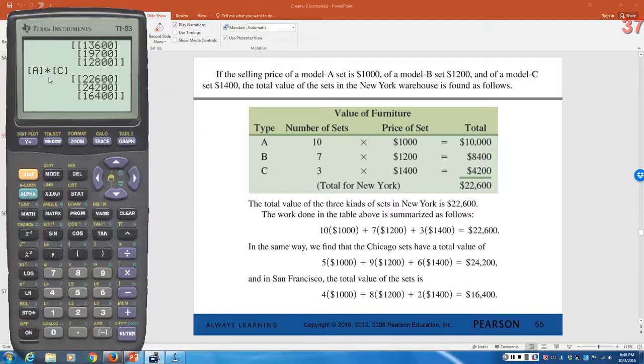So matrices are a much more efficient way of doing calculations that you normally would do with an array, where you're trying to maintain your inventory control or order control or looking at some aspect of a lot of different products.